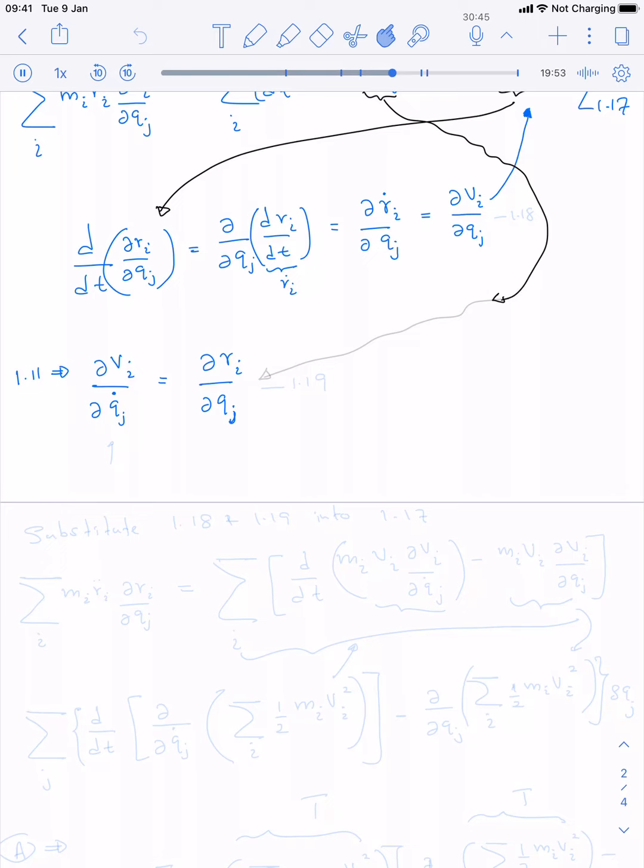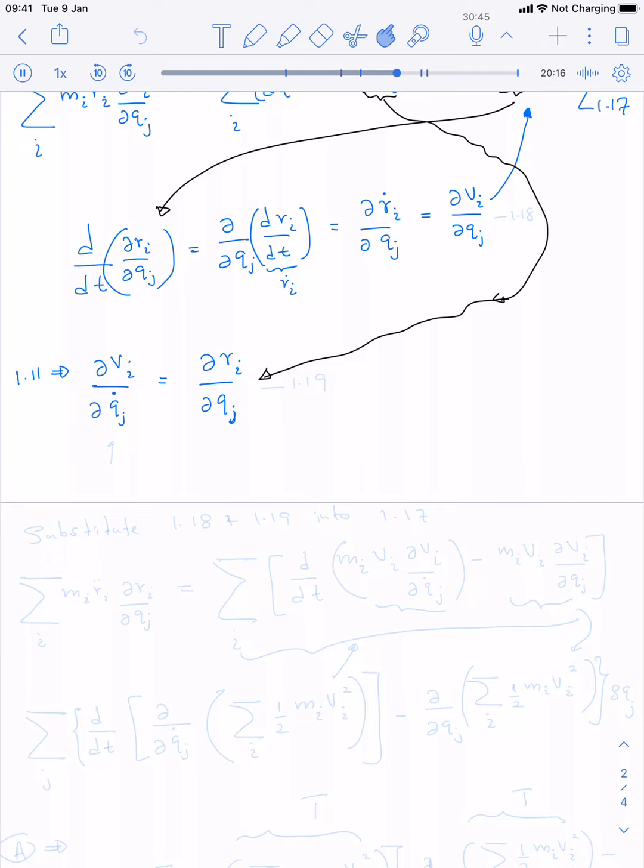So this is what we get, and from this I can now substitute this expression. I have this expression which I can now take back and plug into 1.17.